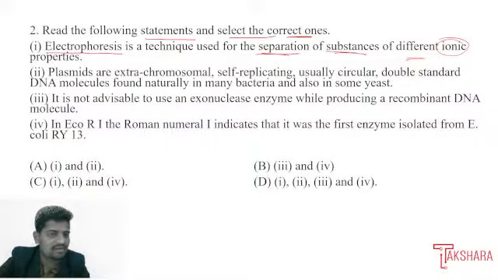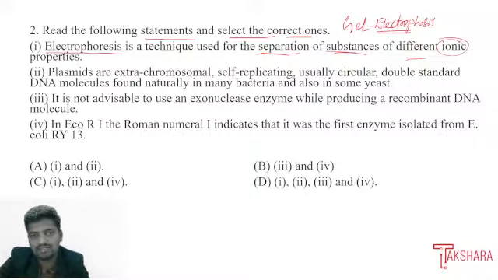We have already studied the concept of gel electrophoresis, which is the separation of DNA fragments based on the length of the DNA molecules. But the word electrophoresis itself is also an important technique.